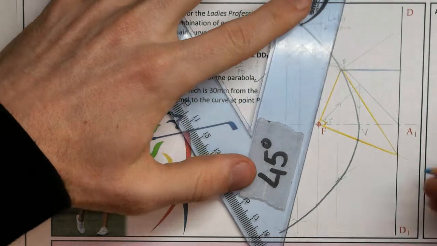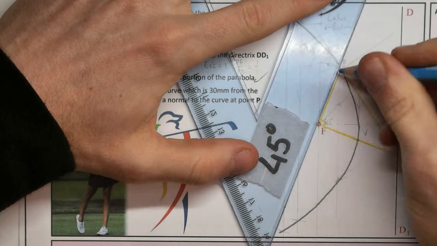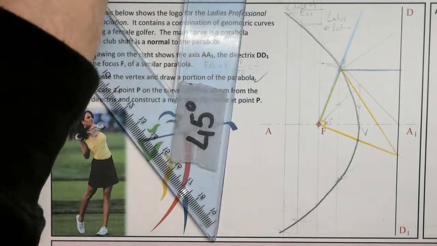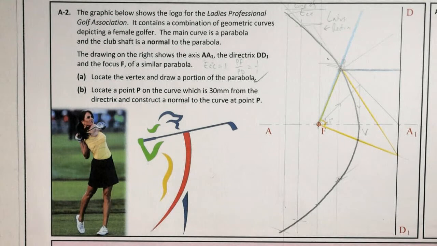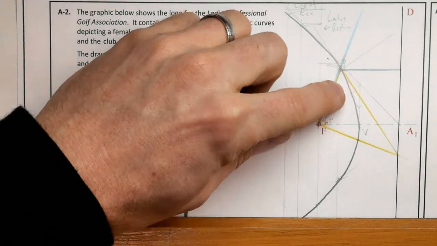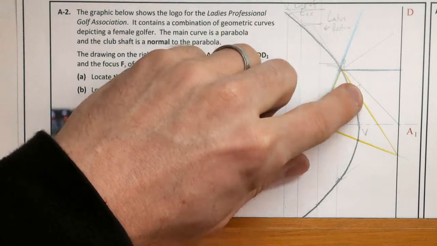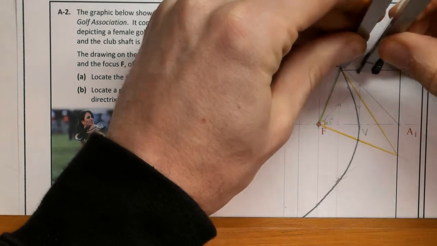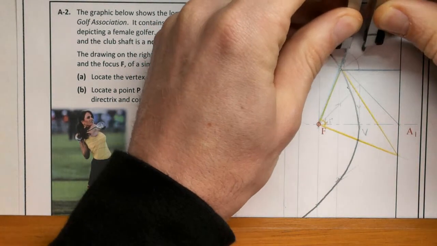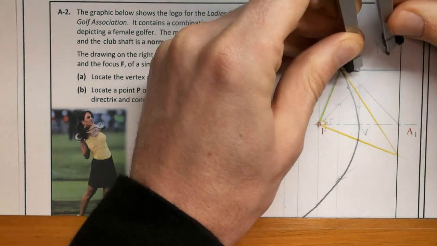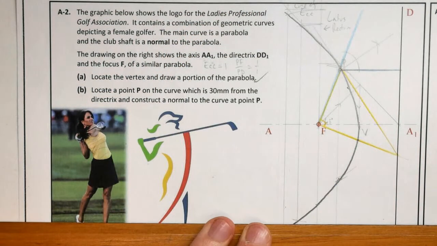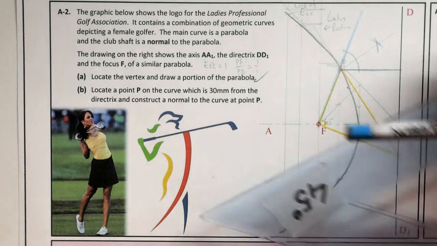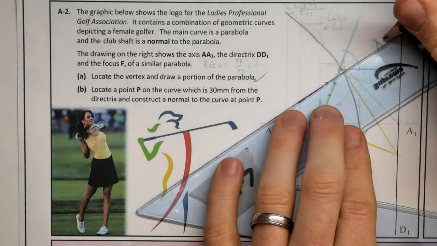And if I draw from P to F and extend it, a couple of things. One, if I bisect this angle, I will get a tangent similar to the tangent I just found. But if I bisect this angle from P to here, that will find me a normal.